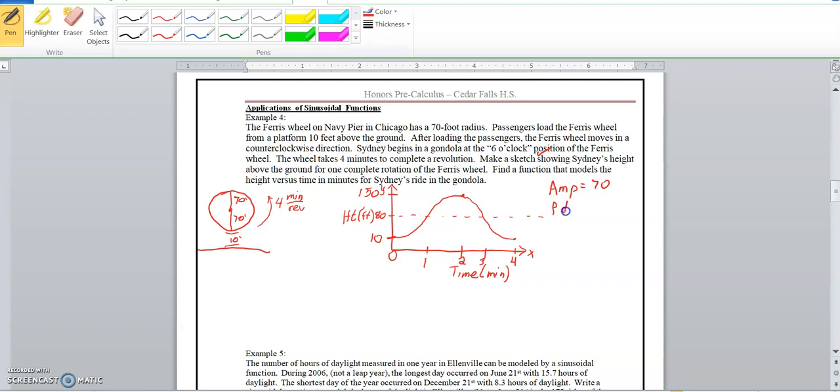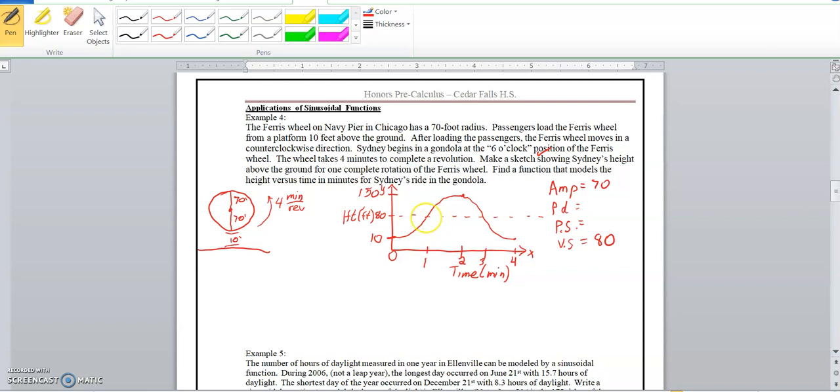I'll just fill in the rest, the period, the phase shift, and vertical shift. Doesn't matter the order we fill them in. Easiest one from here, not period or phase shift, but vertical shift, is that midline. For a sine curve the midline should be 0, right? The graph uses a midline of the x-axis. So here our midline is at 80, so vertical shift is 80.